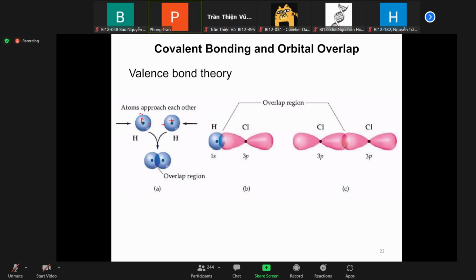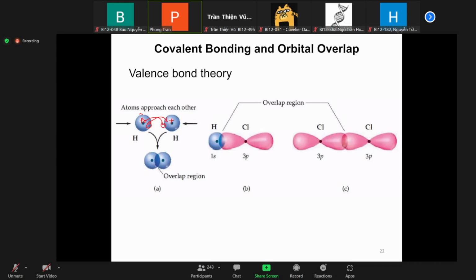So when the two atoms get close to each other, the electron from this atom will be attracted by the nucleus of the second atom, and inversely, the electron of the second atom will be attracted by the nucleus of the first atom. That attractive force will make the two atoms get closer.